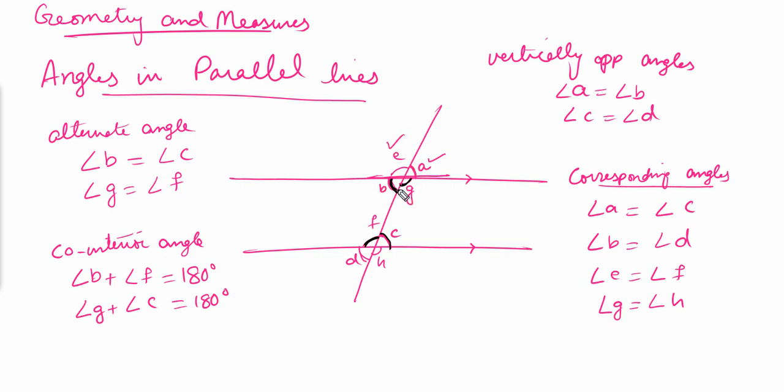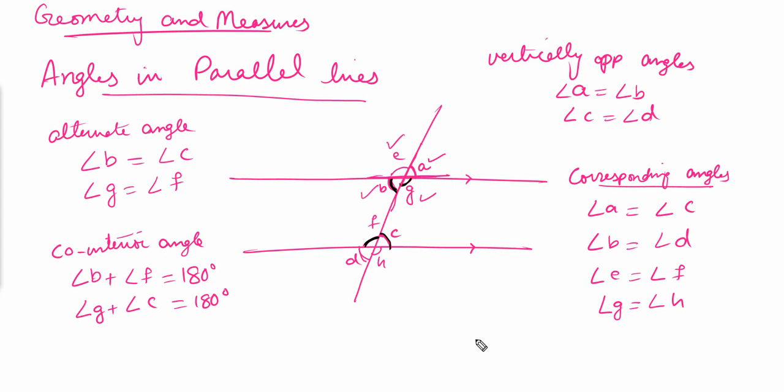If we consider the same line, then angle G and angle B are also on a straight line. So the sum of angle A and angle E will be equal to 180. The sum of angle G and angle B is equal to 180. Similarly, if we consider this line, then angle A plus angle G will be equal to 180. Angle E plus angle B will be equal to 180. So these are the points that we have to keep in mind while solving questions related to angles in parallel lines.